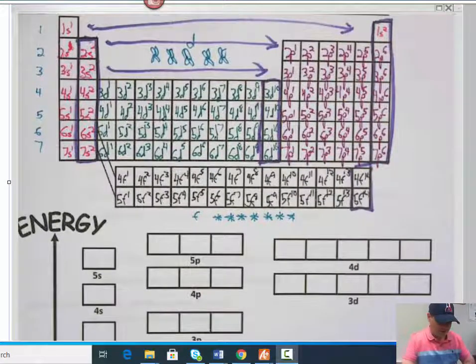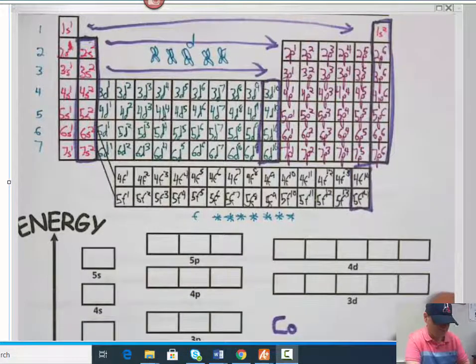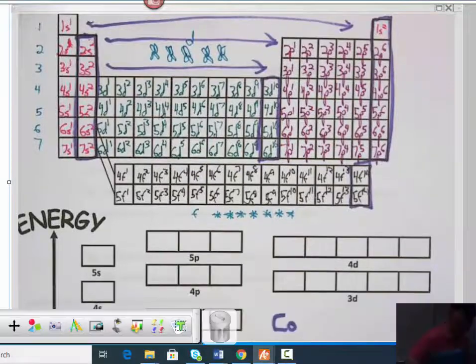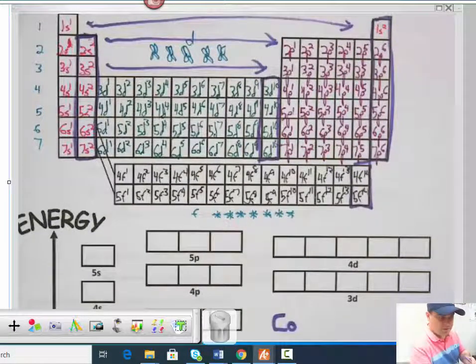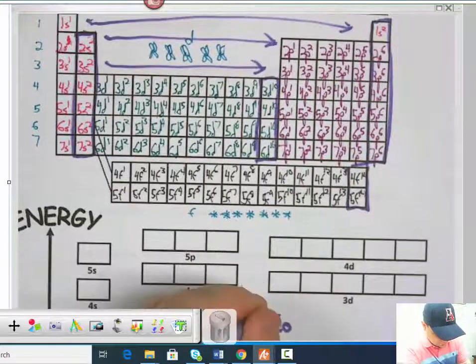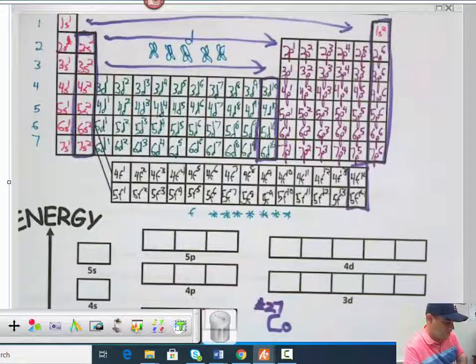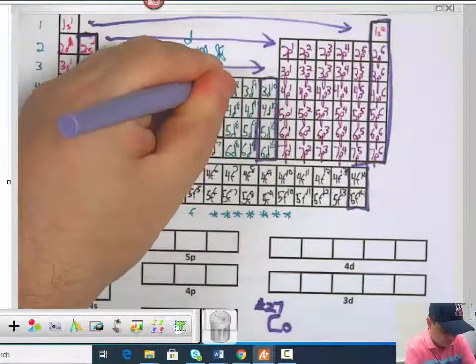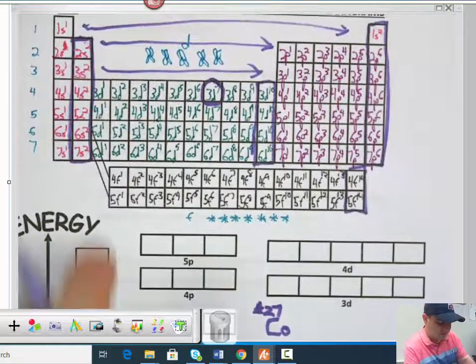Cobalt is Co, and cobalt is element number 27, which is this block right here. So what we have to do is start at the top.